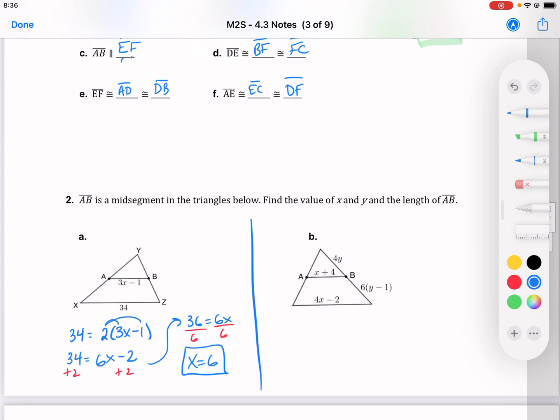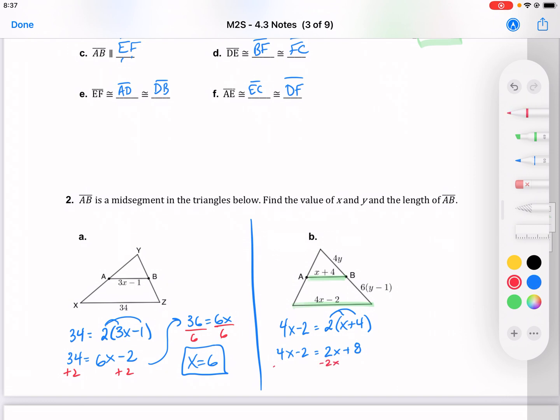Same idea for this next problem. It does have the y's as well, but we're going to do the midsegment first. This is the midsegment of this. That means 4x minus 2 is going to be twice as big as the x plus 4. So I'll distribute. I have 4x minus 2 equals 2x plus 8.